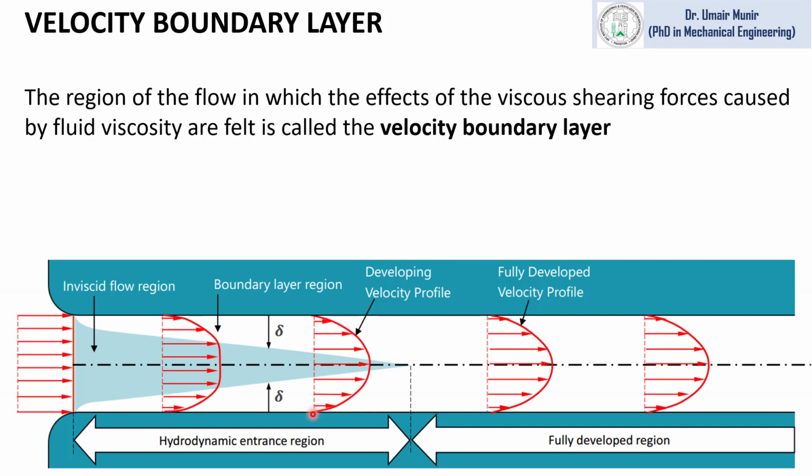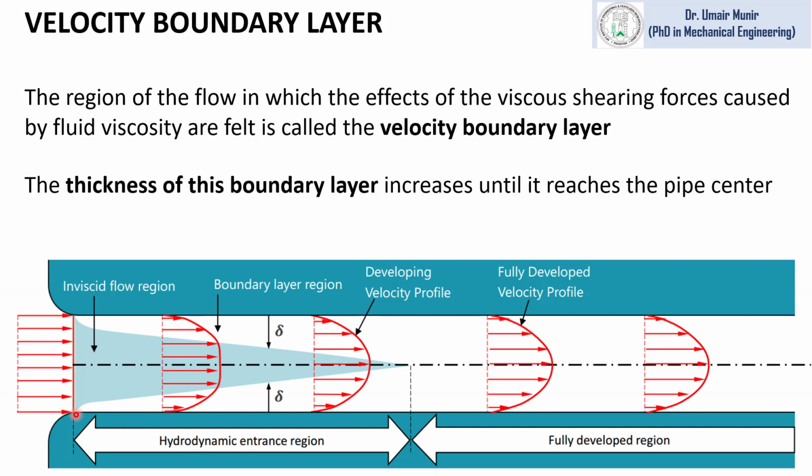This is due to the viscous forces between the fluid layers, which tend to stop the fluids and reduce its velocity in return. As we can see in this figure, the thickness of the boundary layer is increasing as the fluid is moving forward inside a pipe, and delta is representing the thickness of this velocity boundary layer.